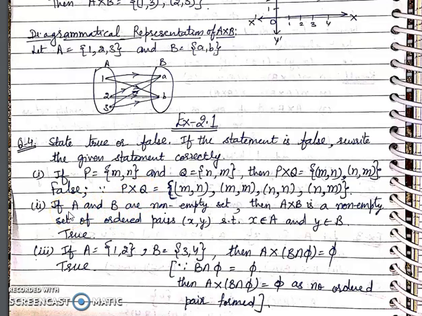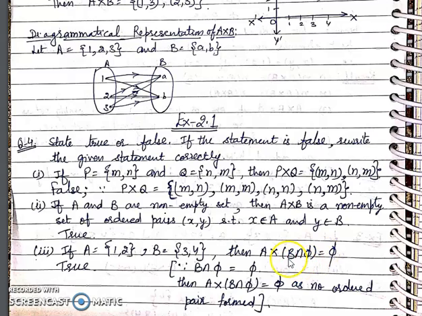Now second part. If A and B are non-empty sets, then A cross B is a non-empty set of ordered pairs (x, y) such that x belongs to set A and y belongs to set B. This is the definition of the cross product. So this statement is true. Third, if A is equal to {1, 2} and B is equal to {3, 4}, then A cross (B intersection phi) is equal to phi.